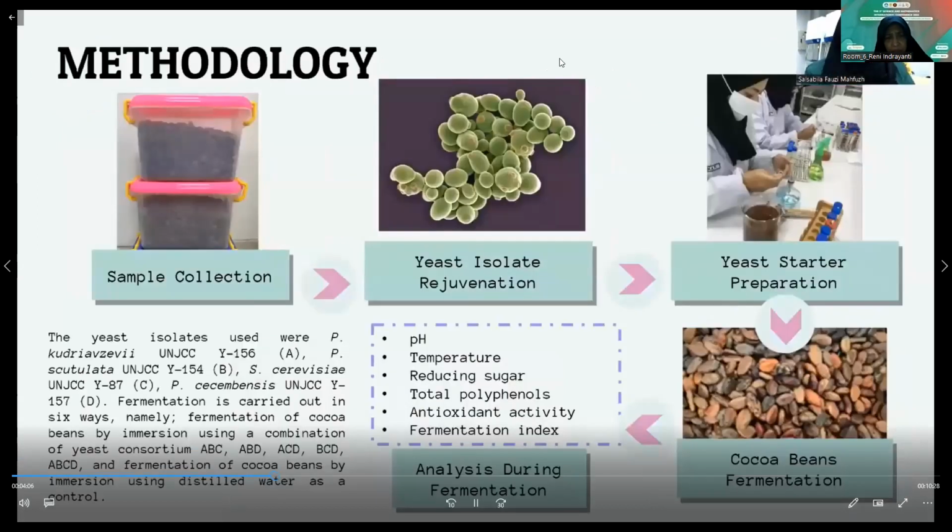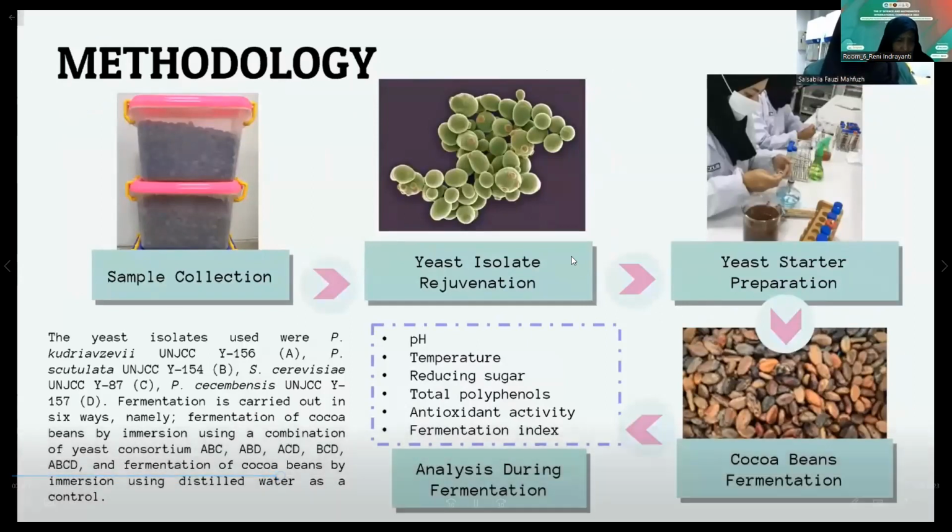Next one is the methodology. First one is sample collection. We collected dried cocoa bean samples from Pusat Penelitian Kopi dan Kakao Indonesia, Puslit Koka. Then we rejuvenated our yeast isolates.